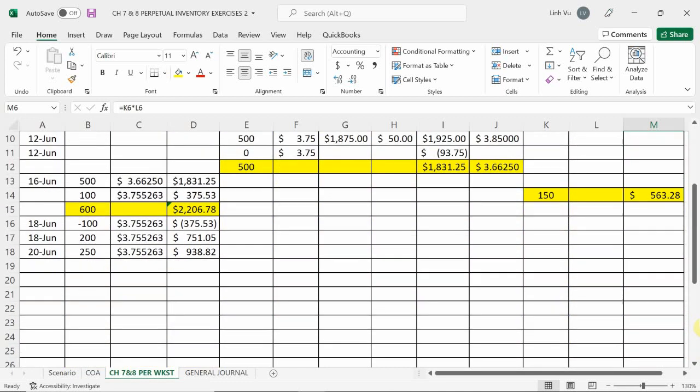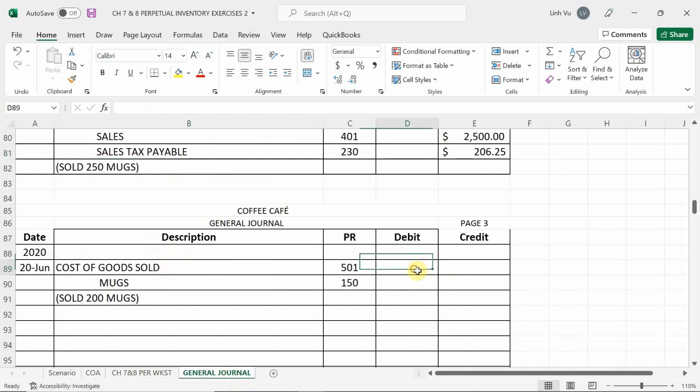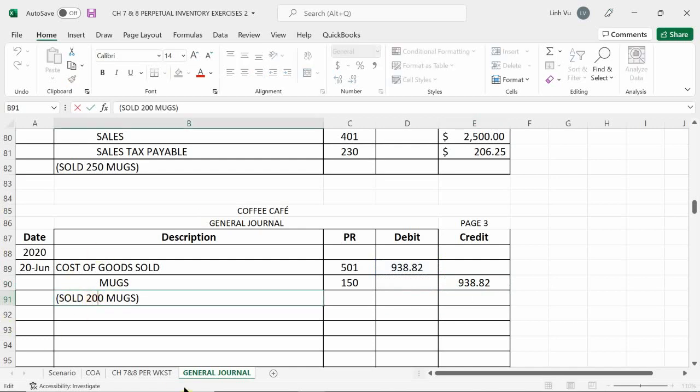So here's the magic number we're looking for: $938.82 is what we're going to pop into our journal, for the 250 mugs sold.